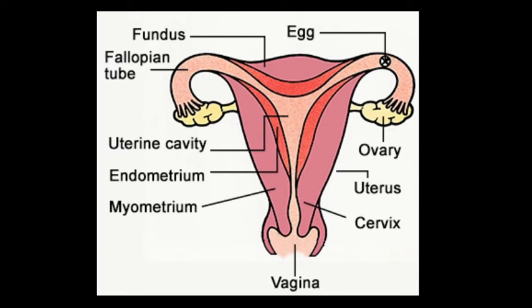Now what is the mons pubis? It is a mass of fatty tissue covered by skin and hair. The labia majora are the fleshy folds of tissue that extend from the mons pubis to cover the vaginal opening, and the labia minora are the paired tissue folds under the labia majora.